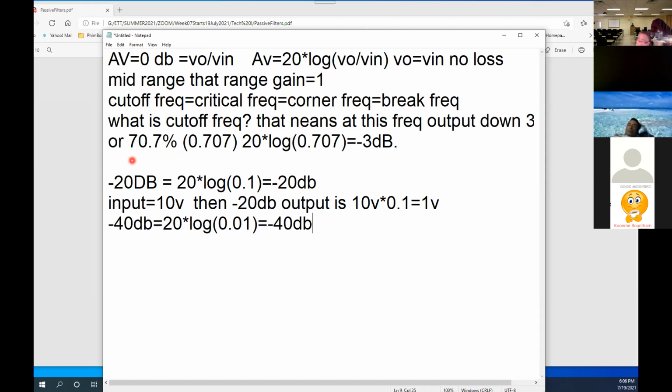Okay, so at minus 40 dB, what is the output? In this example, you take 10 volts times 0.01, and that will tell you 0.1. That will help you with how to do your calculation.